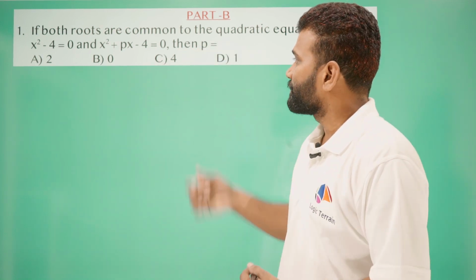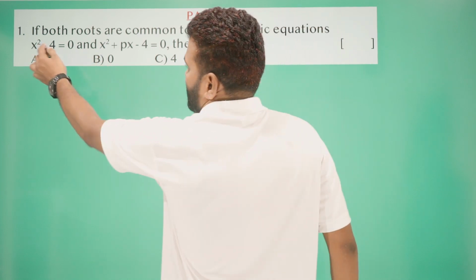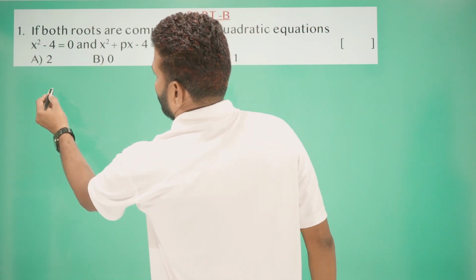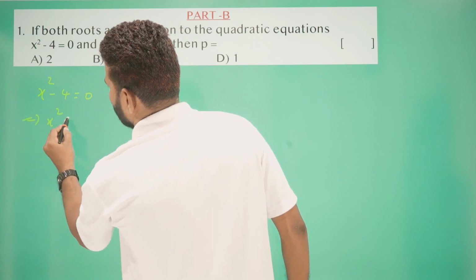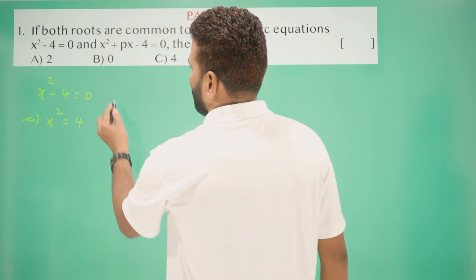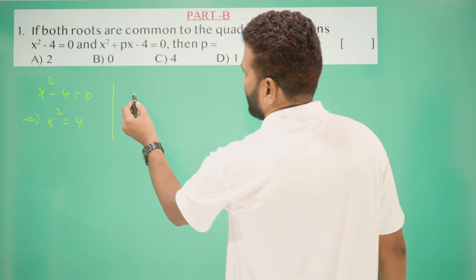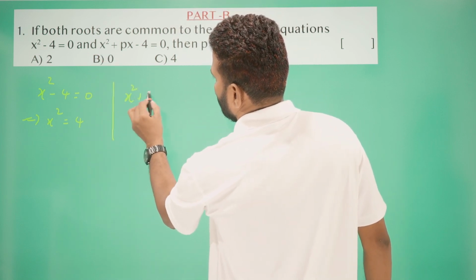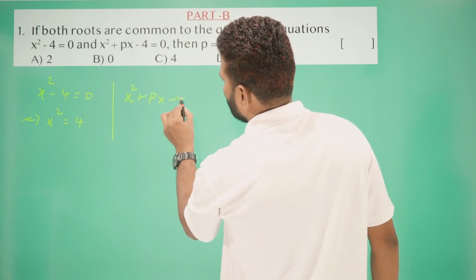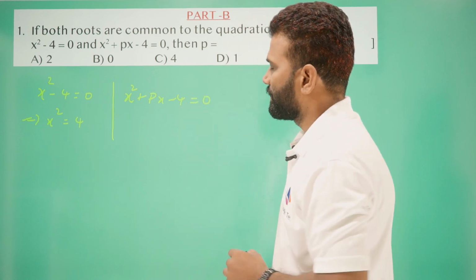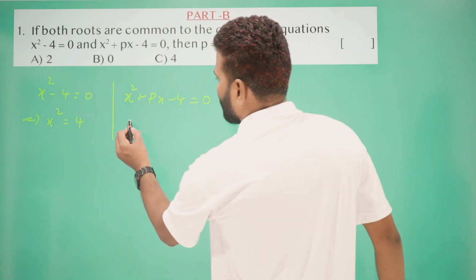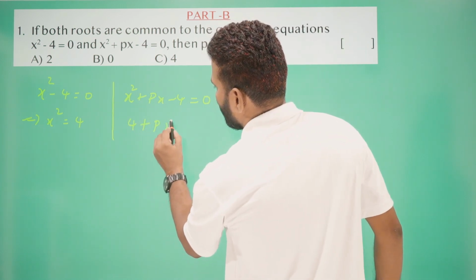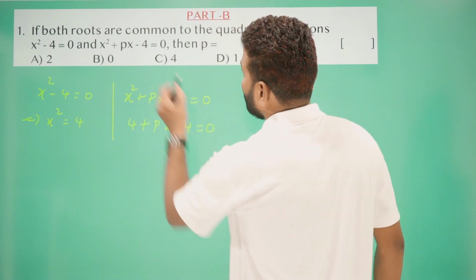Here are the options, and it is given x square minus 4 equals to 0. Then x square is equals to 4. And in another equation, x square plus px minus 4 equals to 0, from here, we got x square is 4. We'll substitute here. 4 plus px minus 4 equals to 0.